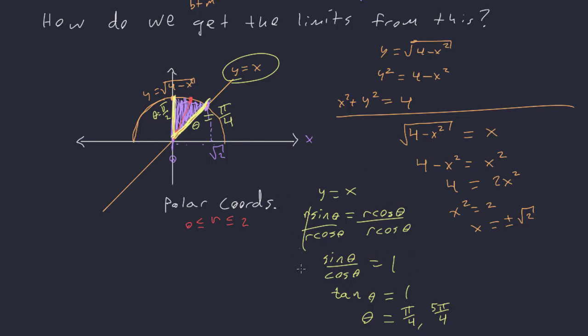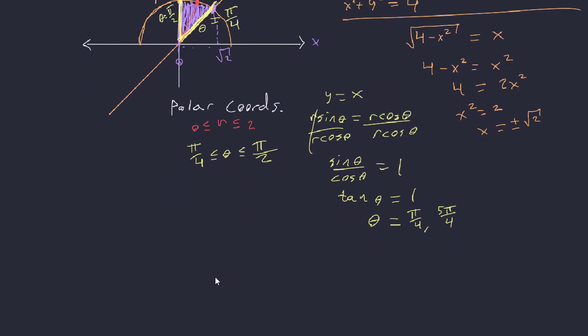Anyway, so theta is going from pi over 4 to pi over 2. So we should have everything now to set up our new integral.